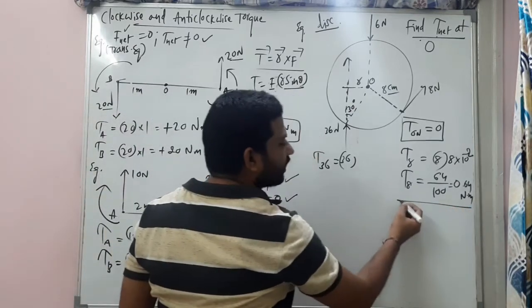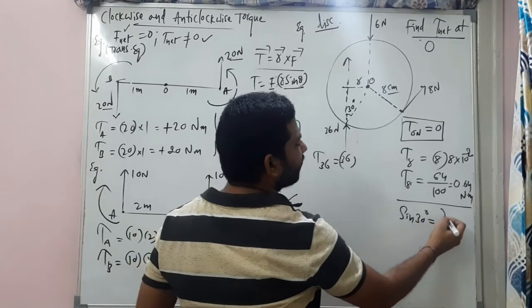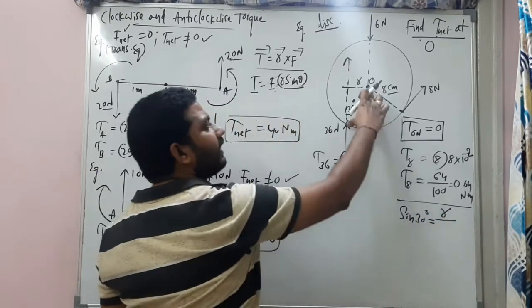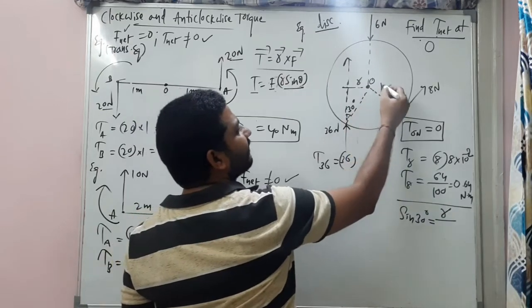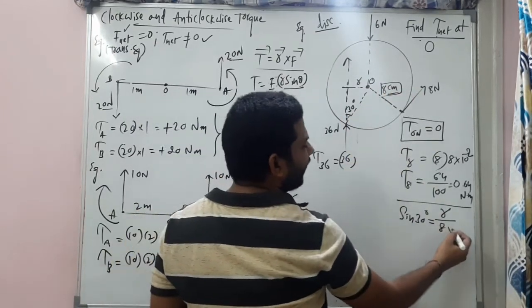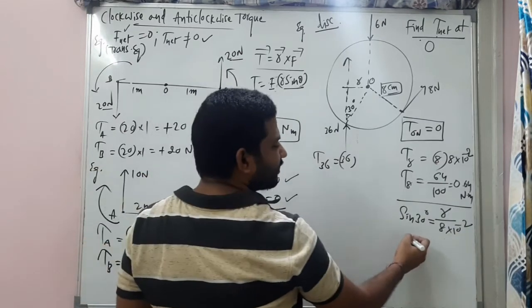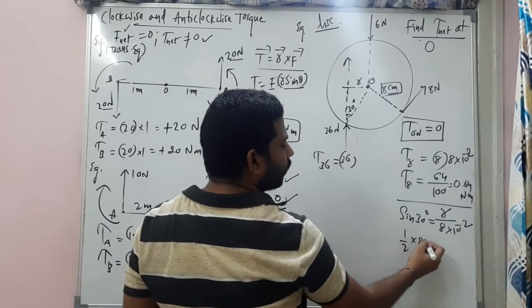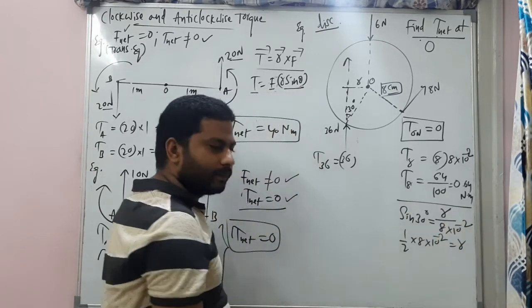You can easily find R by applying sine 30 degrees. Sine 30 is equal to opposite side by hypotenuse. Hypotenuse is the radius, which is 8 centimeter, so 8 into 10 raised to minus 2. So 1 by 2 into 8 into 10 raised to minus 2 is equal to R.